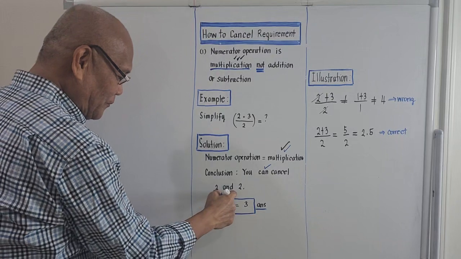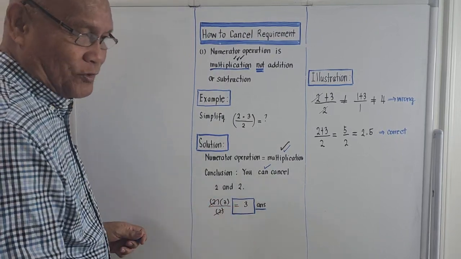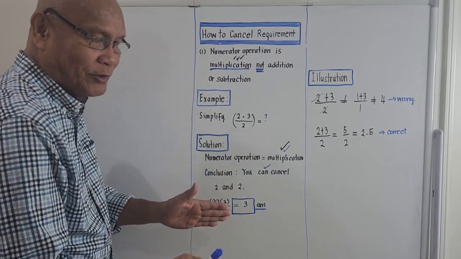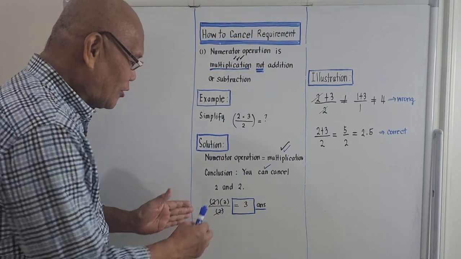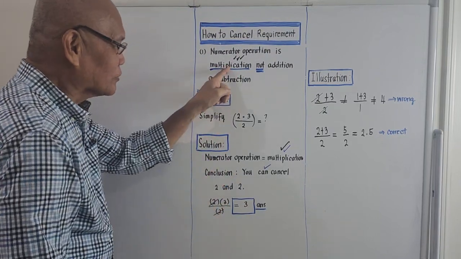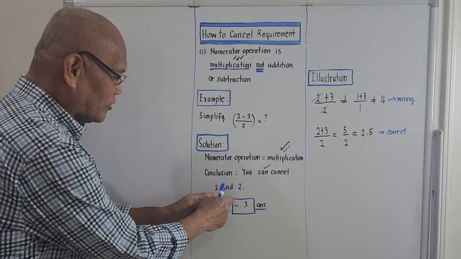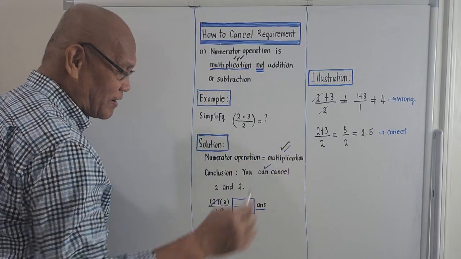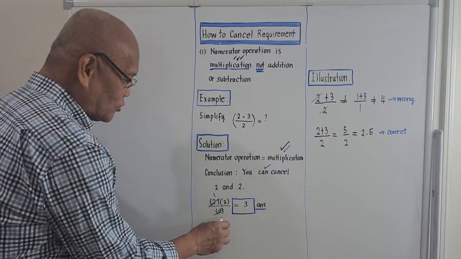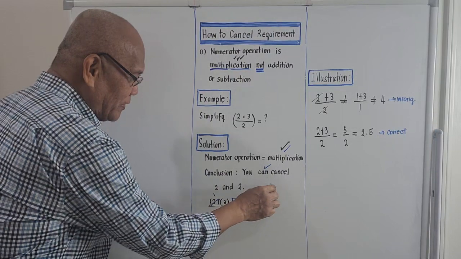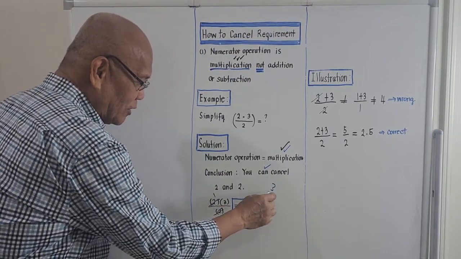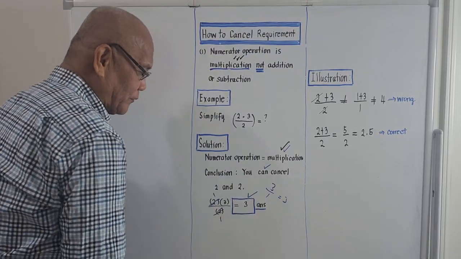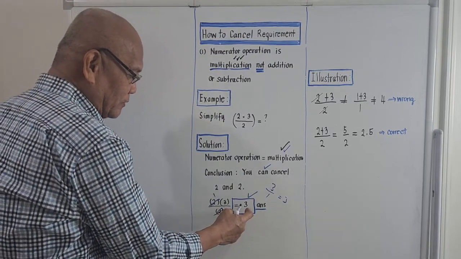The procedure on the cancellation: whatever similar terms on both the numerator and denominator, you can cancel as long as the operation on the numerator is multiplication. Since the operation on the numerator is multiplication, we can now cancel these 2 and 2 here. They're similar, right? So this will now be 1, this is 1. 1 times 3 will be 3, and this will be over 1. So 3 over 1 will be equal to 3. The correct answer here will be 3.